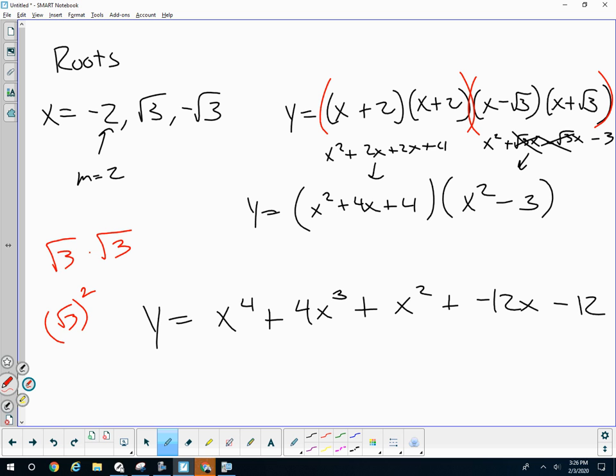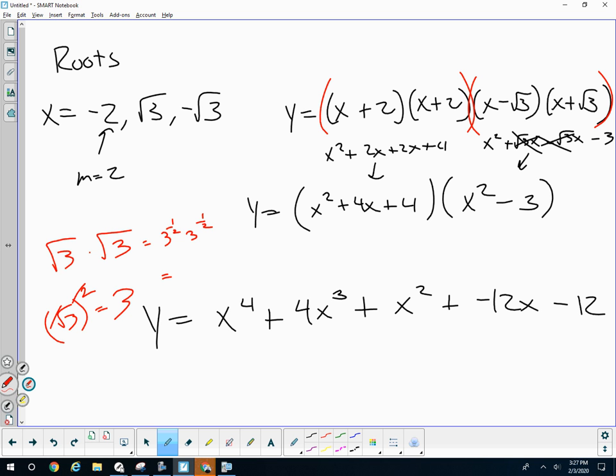What happens if you square a square root? They're going to go away. The square and the square root actually cancel each other out and get you 3. You'd also think of this as 3 to the 1/2 times 3 to the 1/2, and we'll talk about how the square root is the same as a fractional power next unit.